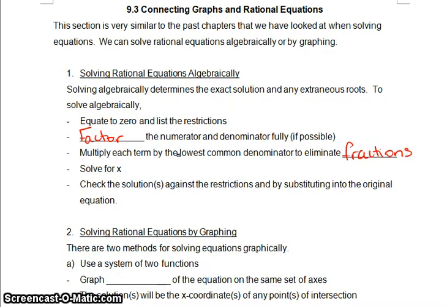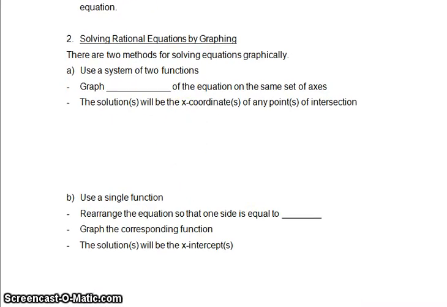Do whatever kind of process you work best with. I'll show you using these steps, and if you want to try it a different way, it's absolutely fine. There's multiple ways to solve these, but you should get to the same answer no matter which method you use, okay?